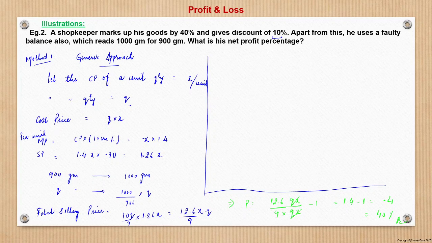Marking up the price by how much? He has a CP per unit of x, and that markup of 40% makes it 1.4x, the new markup price. And selling price, after a discount of 10%, becomes 1.26x, right? So this is the selling price per unit he will be selling to the customer.